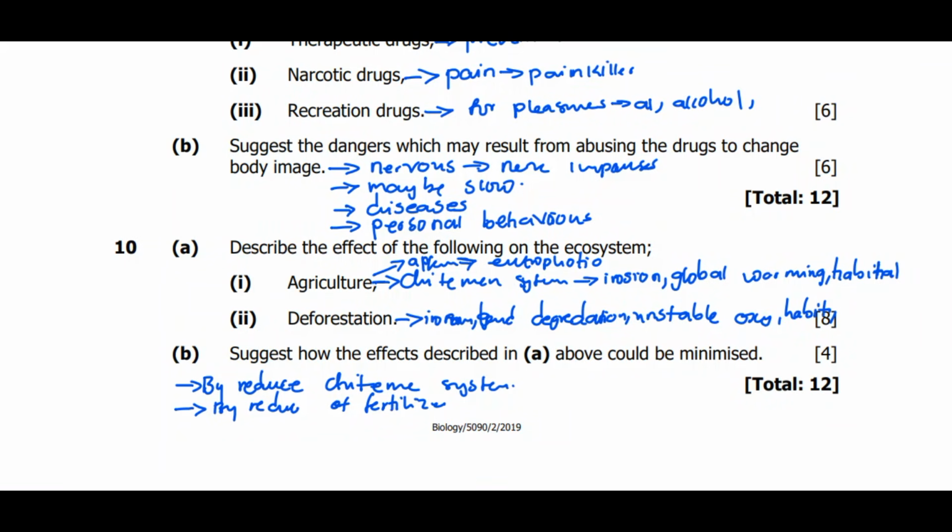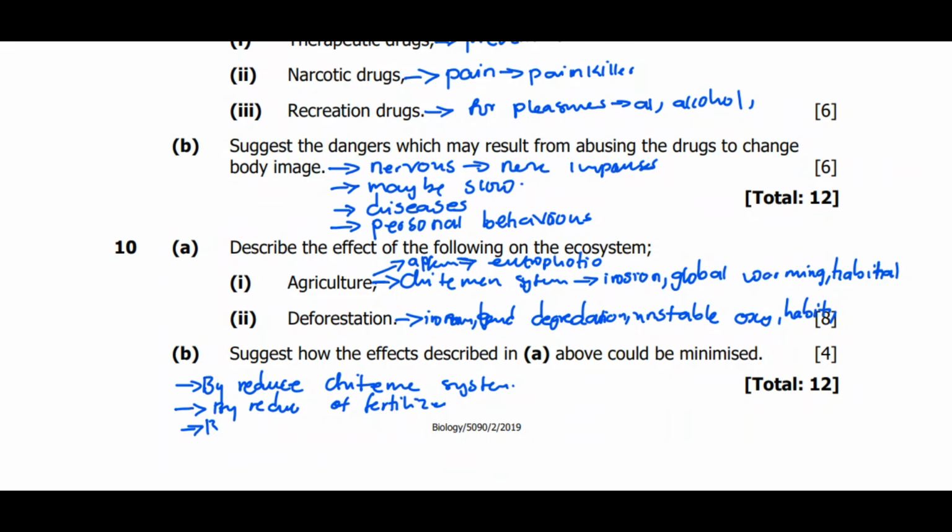So at least we focus more on organic substances, or we encourage crop rotation, where crop rotation is the process whereby every year you change the type of crops that you are going to plant in that particular land.